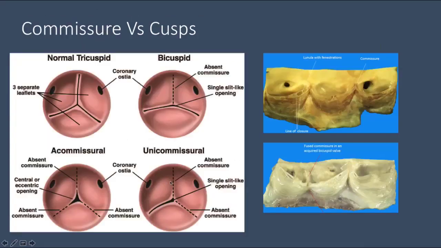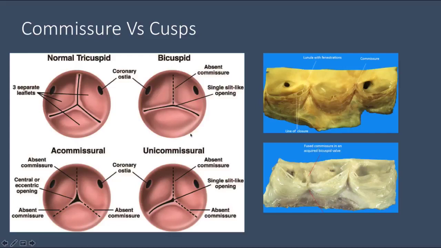Some might argue that we shouldn't be looking at raphes or even cusp type, but what we really should be looking at is the number of commissures and where those commissures are located. If you have 3 commissures, then when you open up the surgical specimen, which surgeons can see much better than we can, there are 3 cusps, and this is a true tricuspid valve.